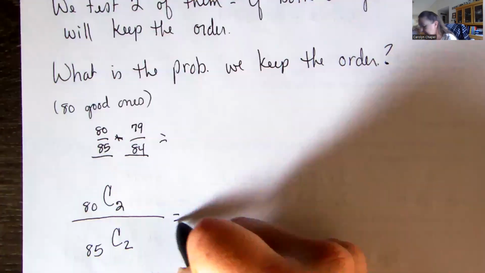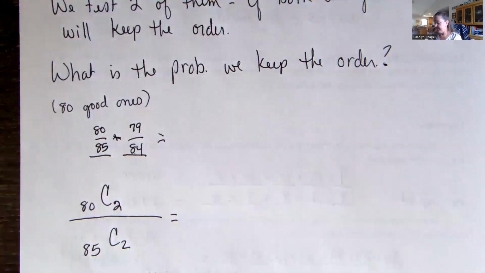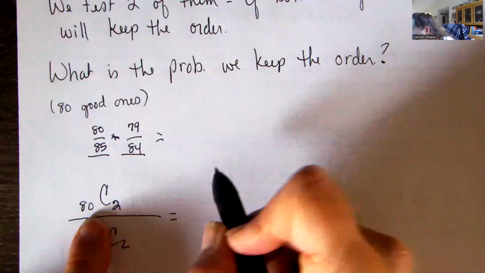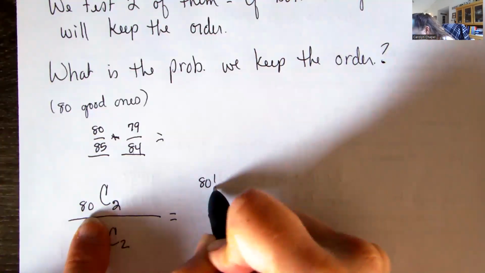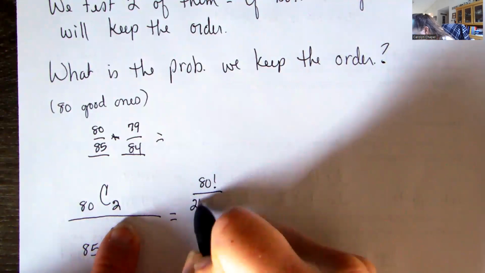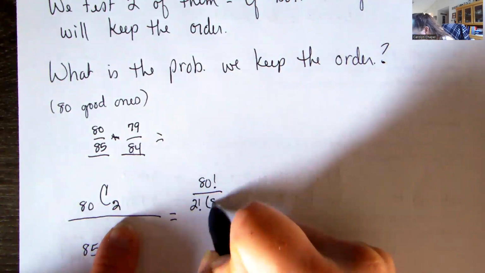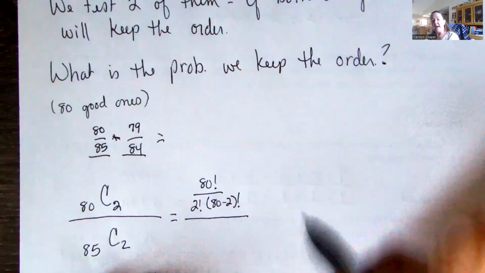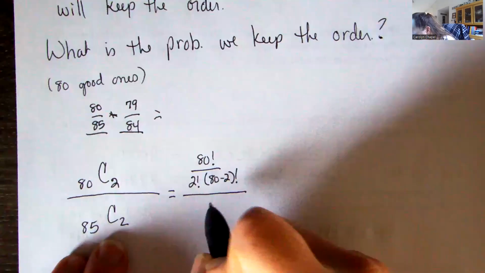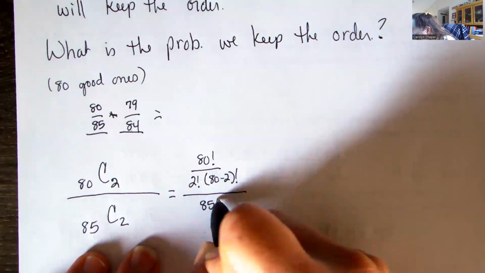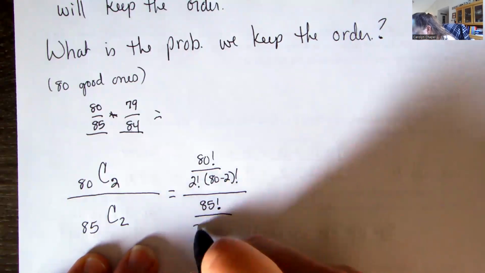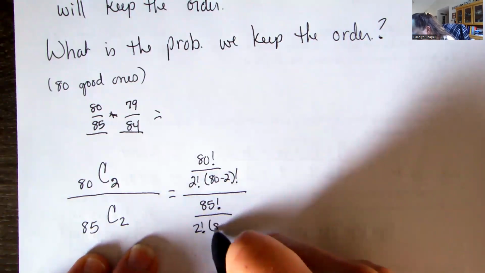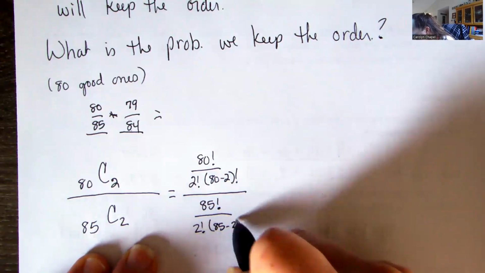All right. So I'm going to go and get our formulas that we had. This would be 80 factorial over 2 factorial times 80 minus 2 factorial. You're going to see me do some math here for those of you that like that. 85 factorial over 2 factorial, and then 85 minus 2 factorial.